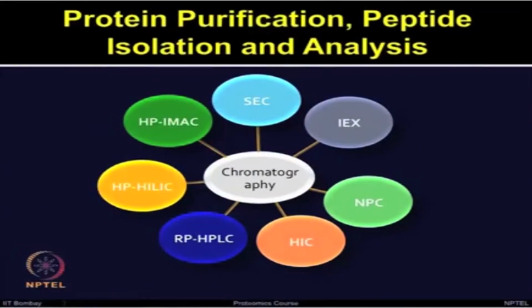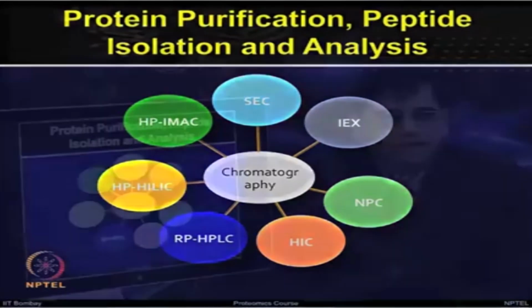It can be performed by many methods, but there are certain chromatography methods which are commonly used, such as size exclusion chromatography SEC, ion exchange chromatography IEX, immobilized metal ion chromatography IMAC, normal phase chromatography NPC, reverse phase HPLC or RPHPLC, hydrophobic interaction chromatography HIC and hydrophilic interaction chromatography HILIC.